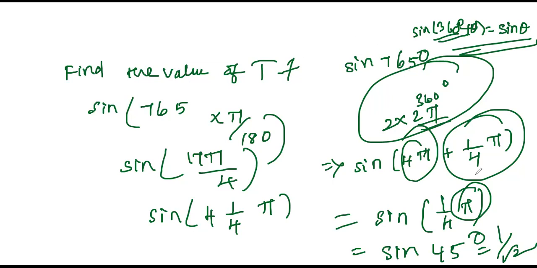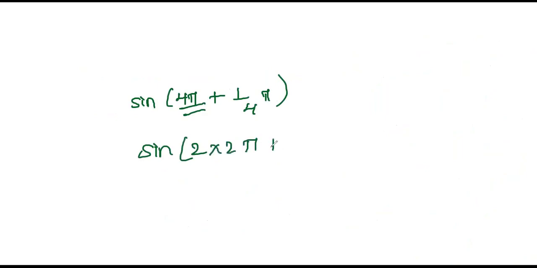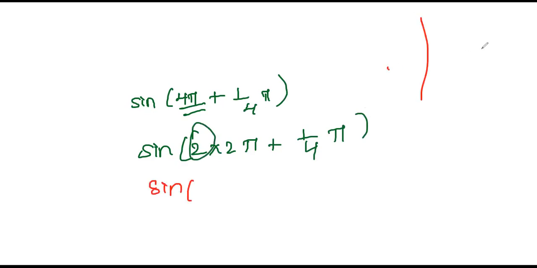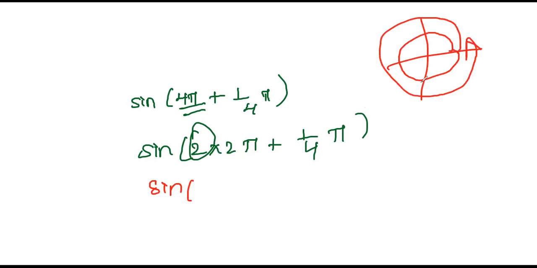Yes. After splitting, you have sine of 4 pi plus 1 by 4 pi. What I'm saying is, 4 pi could be written as 2 times 2 pi. You can ignore this even multiple, you will get the same value only. Even multiple means you go one circle, then another circle, and you come back to the same position.